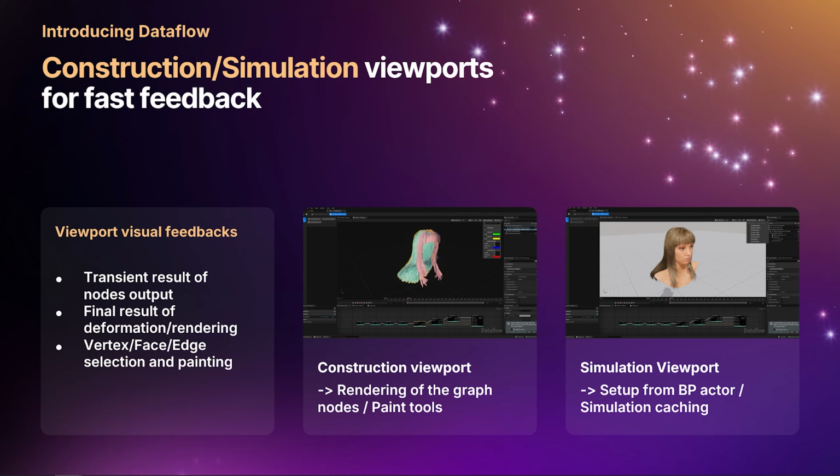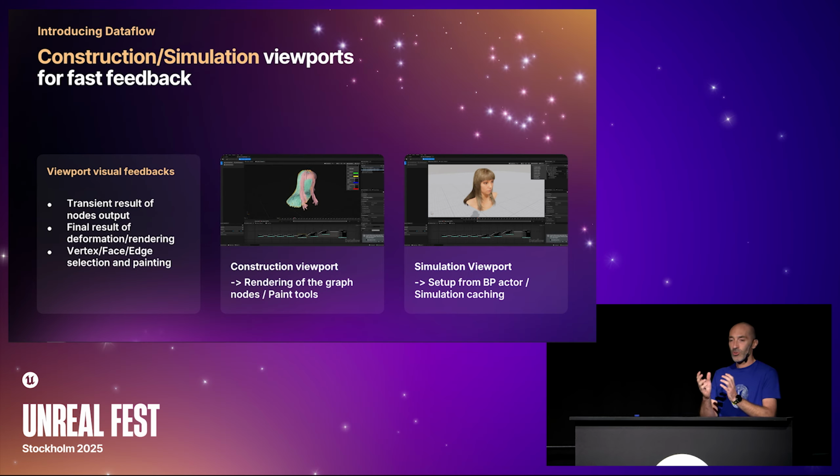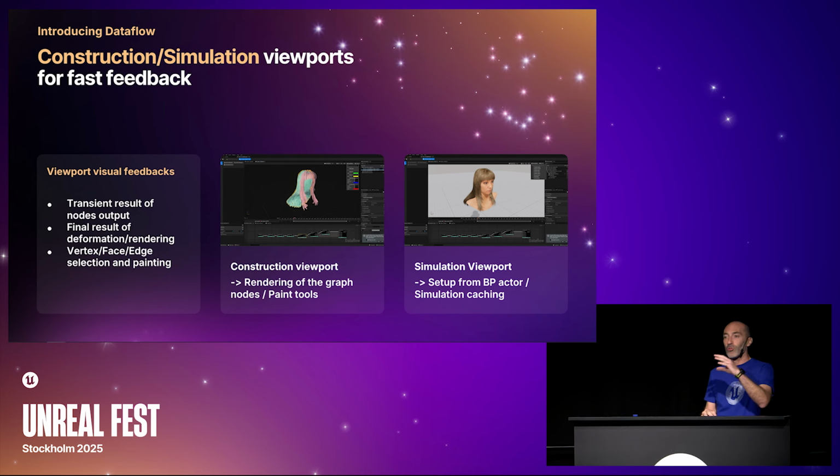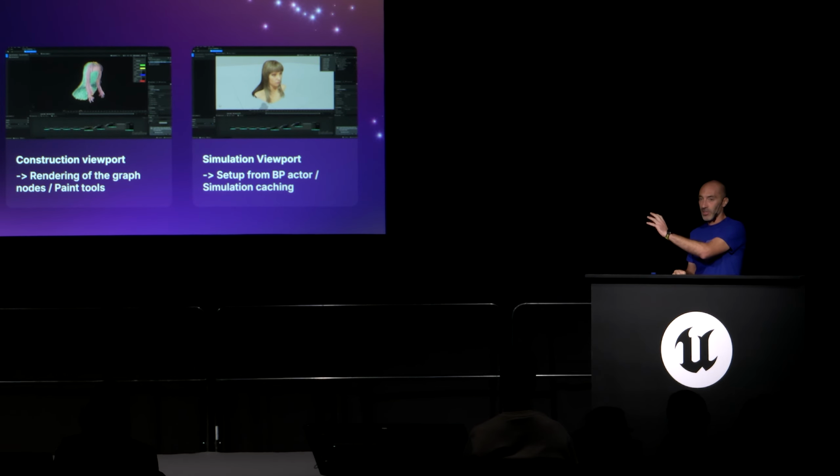So different kinds of feedback. The construction one is there just to give you a visual representation of what's going on for each node. You are going through each node output, and you are going to render the output. So it gives you the freedom, if you have something flowing from node to node, to click on several nodes one after the other, and you can see the evolution of the collection that is flowing in.